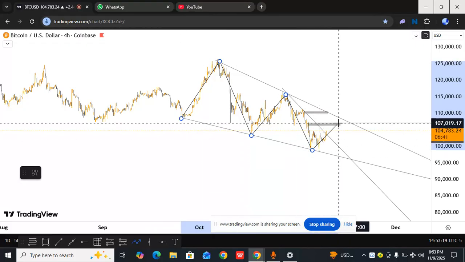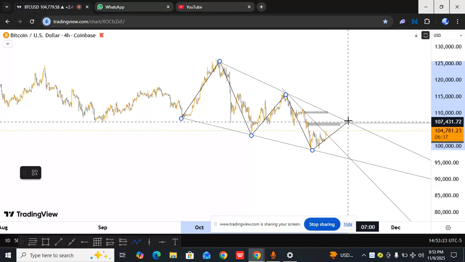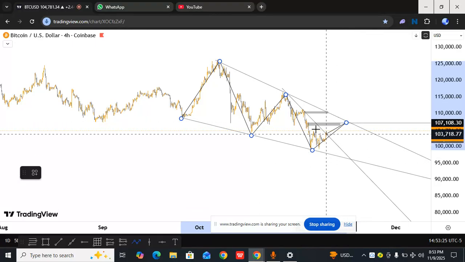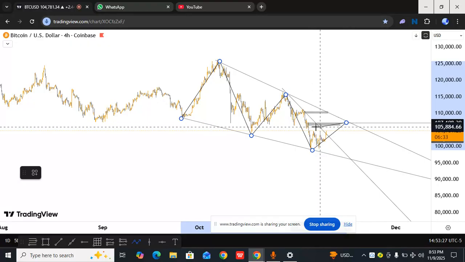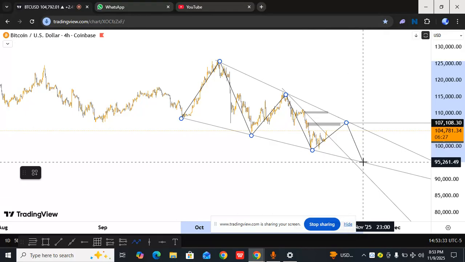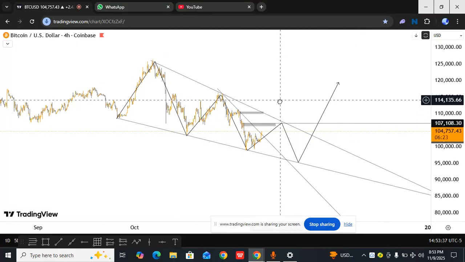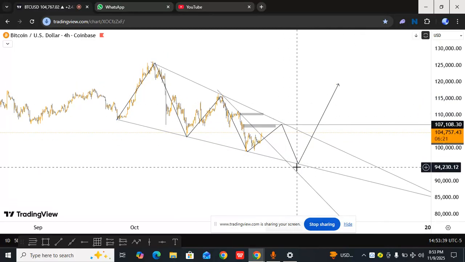What is going to happen now is that we're going to see price reacting, going back to this edge over here, thereby tapping into this POI. I'm still going to break out that POI before I end this video. Then we might see price coming down to retest this wedge. Then we're going to see a breakout. Now this pattern you see right here is the long-term pattern that I have in my head when it comes to BTC.